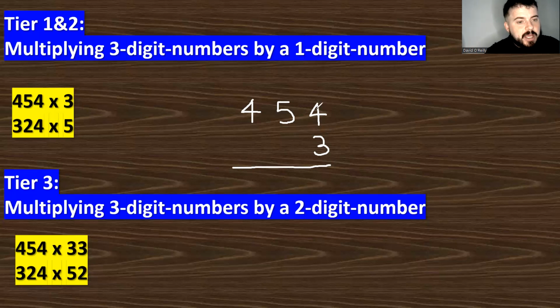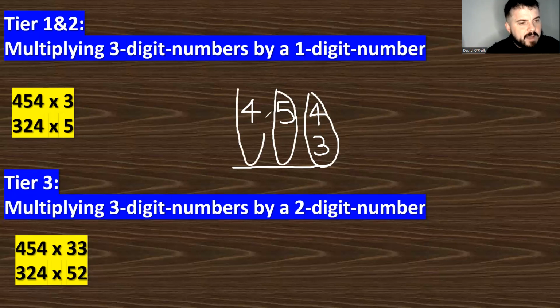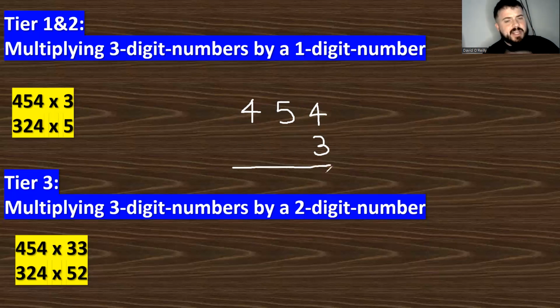In this column we have the 1s, in this column we have the 10s, and in this column we have the hundreds. They've got to be respective, which means we've got to have all the 1s in the same column, all the 10s and all the hundreds. Obviously the number 3 doesn't have any 10s or hundreds, it only has 1s or units, so we're going to keep it in this column.